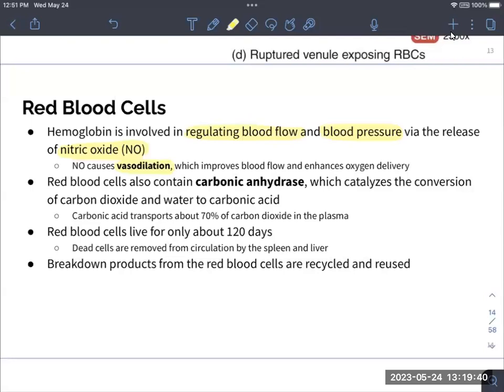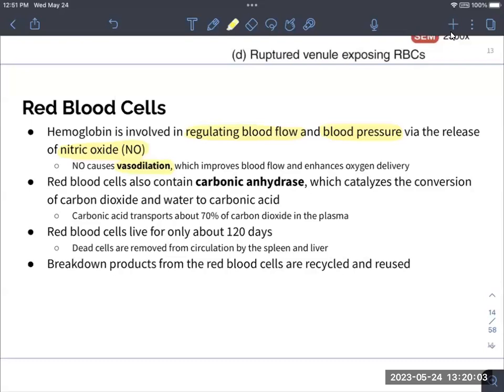So this is one way that our blood pressure actually gets regulated through this hemoglobin. Like when you're exercising, a lot of your blood vessels dilate, they get larger to send more oxygen out to your muscles and your tissues so you can continue to exercise.